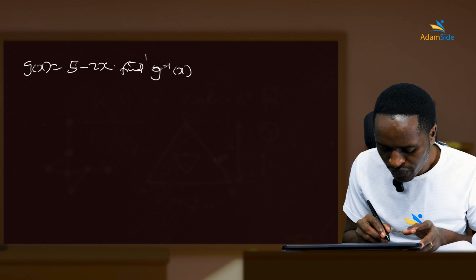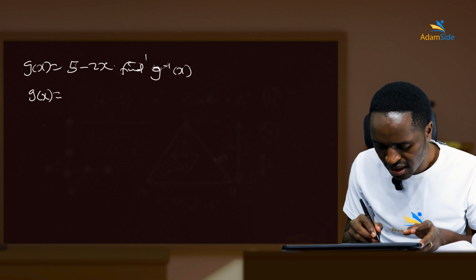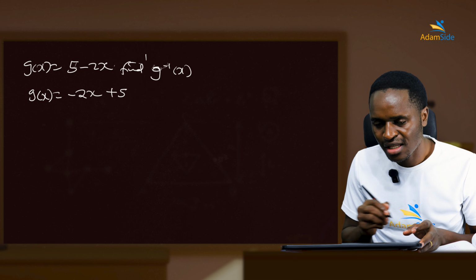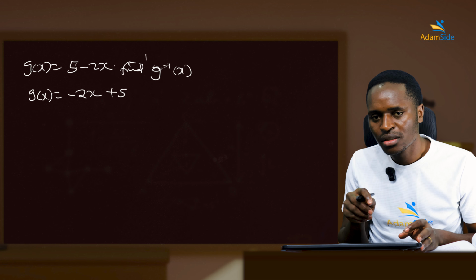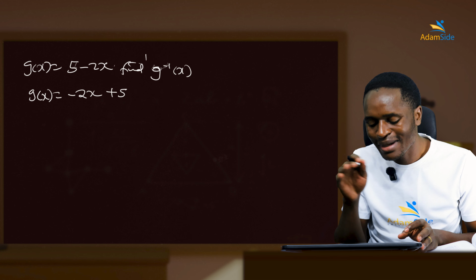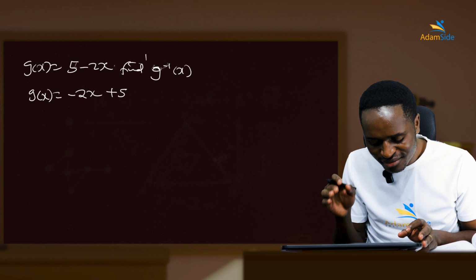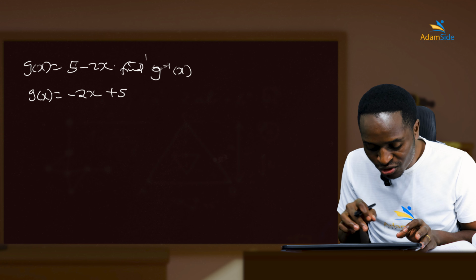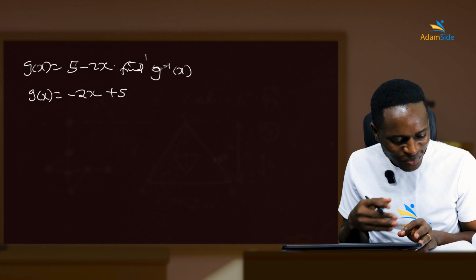So we know this function with flowchart, it does what? You multiply the variable by negative 2, then you add 5. So the other one, what will it do?